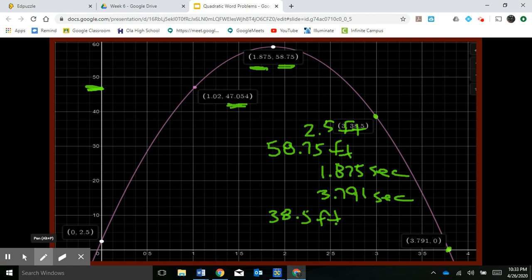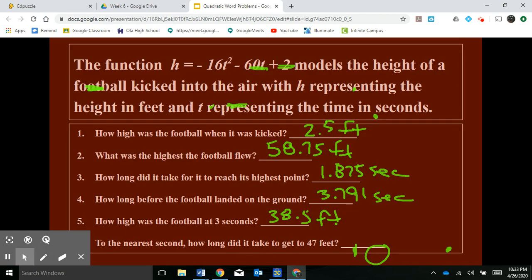And actually, I missed one. 47 would be over here as well. So to the nearest second, we would say 1 second here, and this one here looks like 3. So at 1 and 3 seconds, it's at 47 feet. So we go back and just say at 1 and 3 seconds.